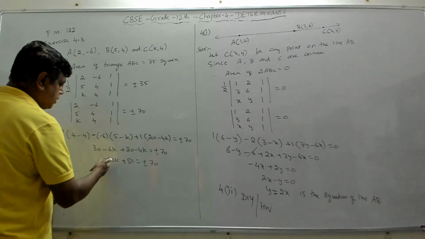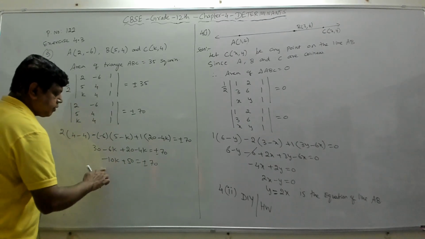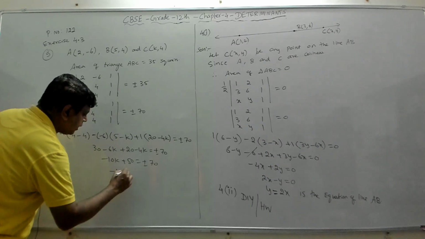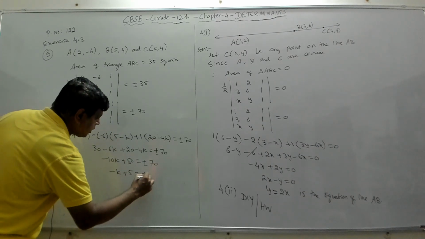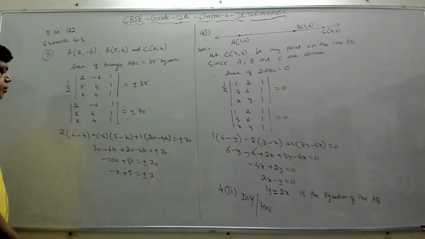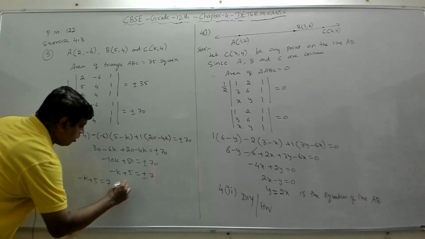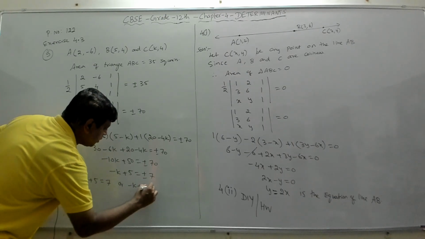We can even cancel throughout by 10, because 10 is common. We can divide throughout by 10. So we'll get minus k plus 5 is equal to plus or minus 7. Right? I'm cancelling throughout by 10. Which means minus k plus 5 is equal to 7, or minus k plus 5 equal to minus 7.